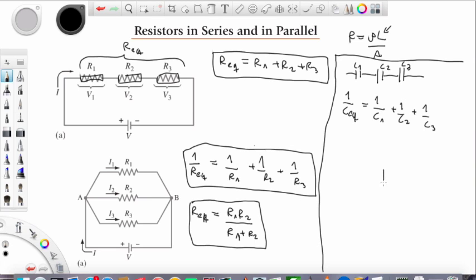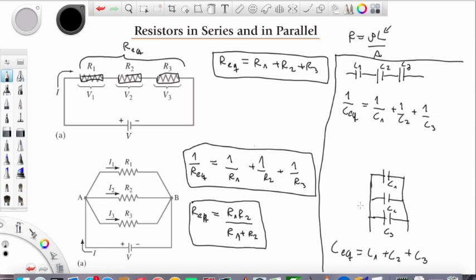And then if we had capacitors in parallel, C3, C2, C1, in that case the equivalent capacitance was just the sum of them all.